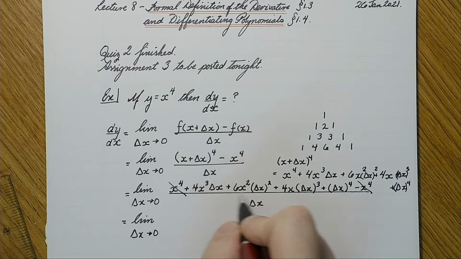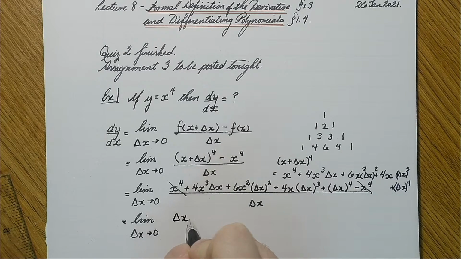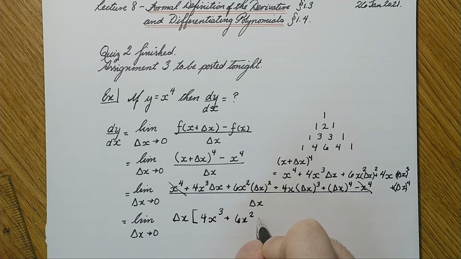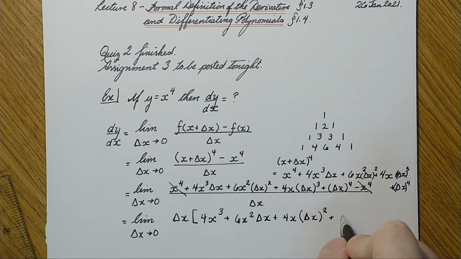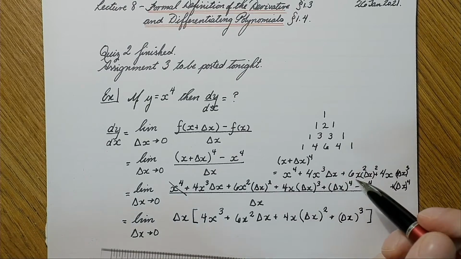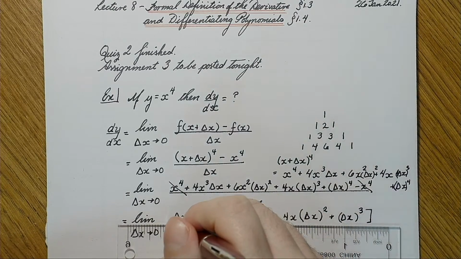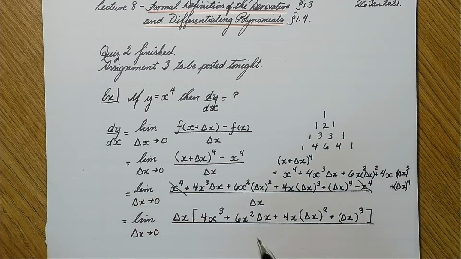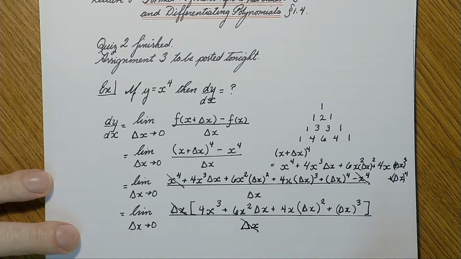I have a delta x in each term, so again that factors out. 4x cubed plus 6x squared delta x plus 4x delta x squared plus delta x cubed.